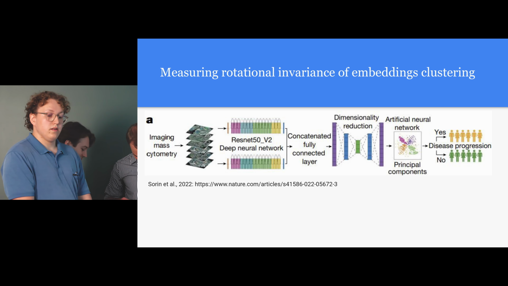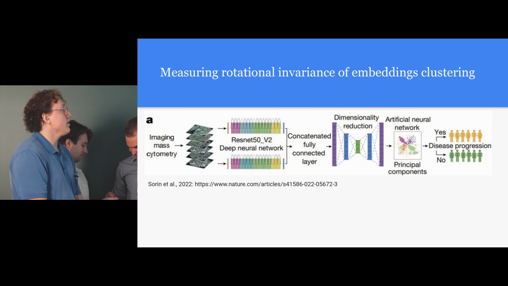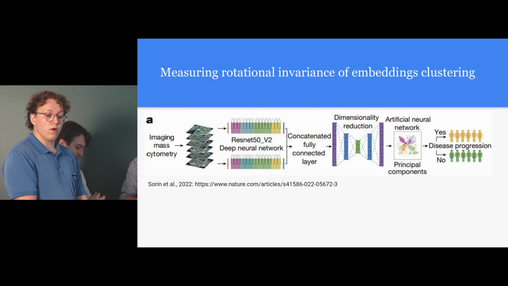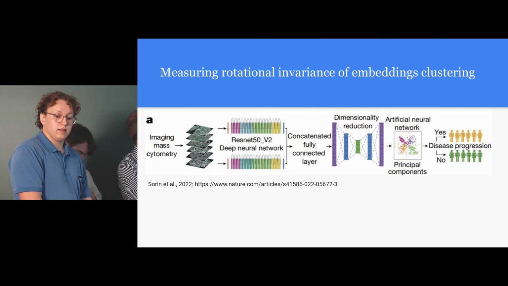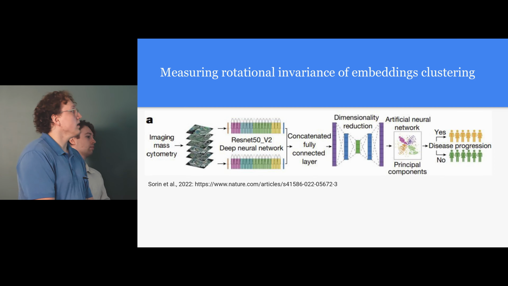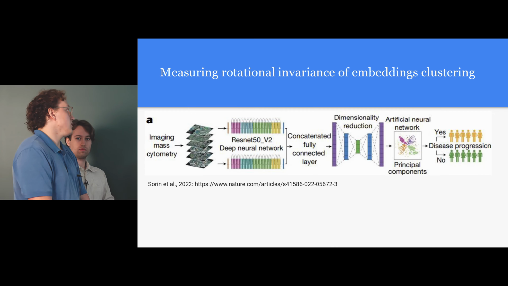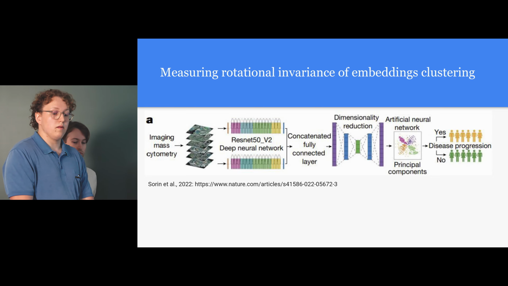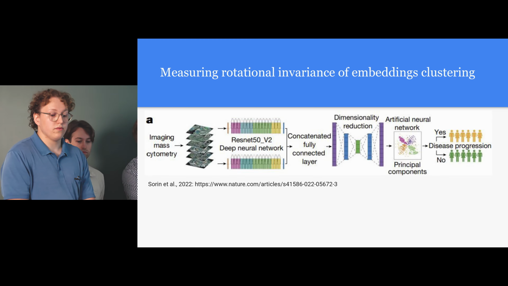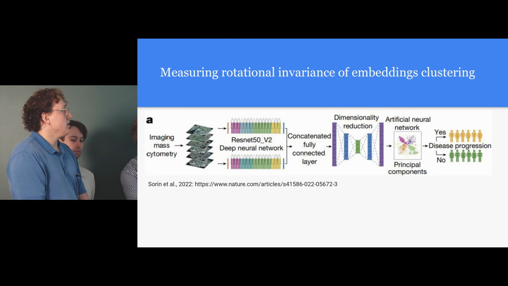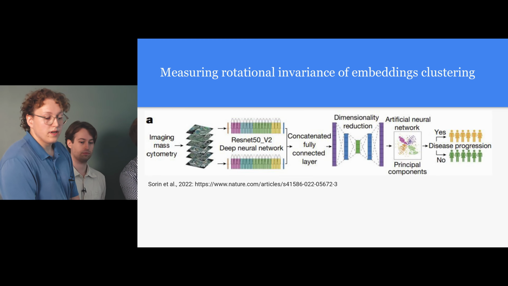In my experiments, I've focused on measuring the impact of the lack of rotational invariance in some previous work on imaging mass cytometry. For example, the Sorin et al. paper uses a simple ResNet model to produce flattened representations of every channel, which are then concatenated and used in analysis.